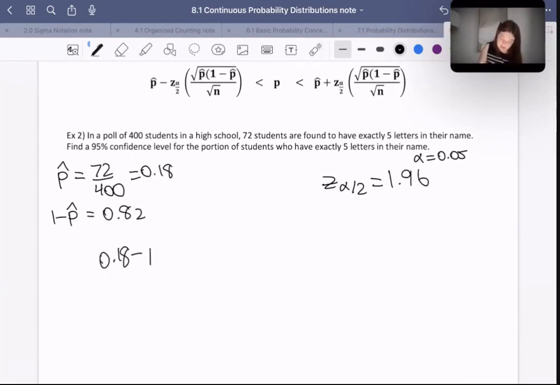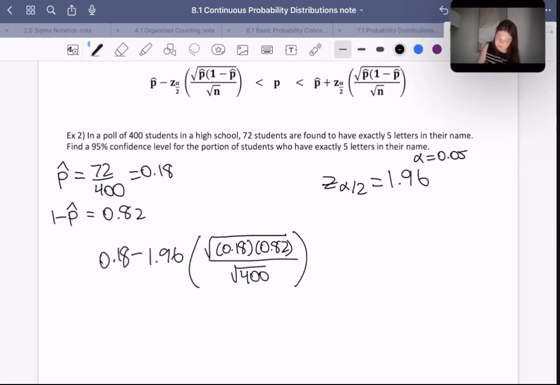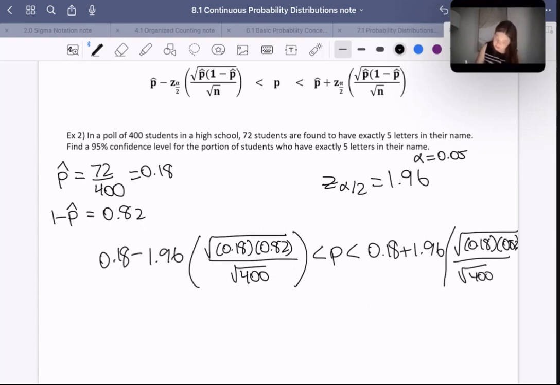So now we can do it. 0.18 minus 1.96 times the square root of 0.18 times 0.82 over root 400, which is less than p, which is less than 0.18 plus 1.96 times the root of 0.18 times 0.82 over root 400.